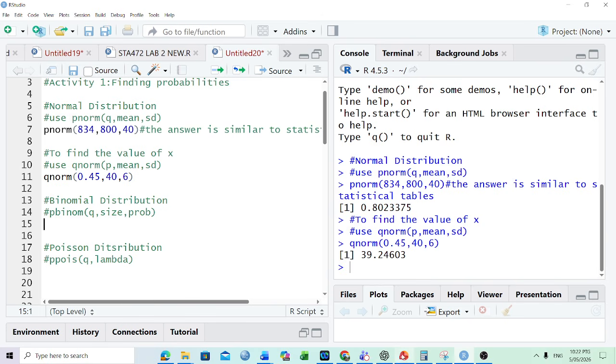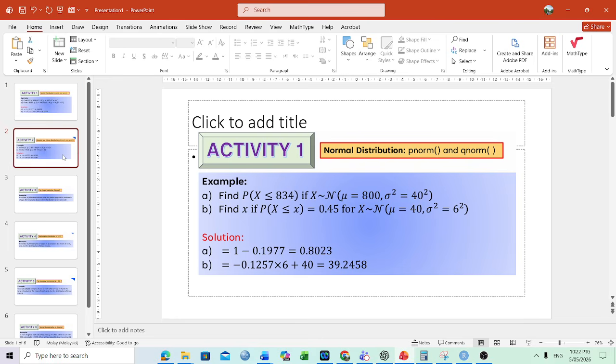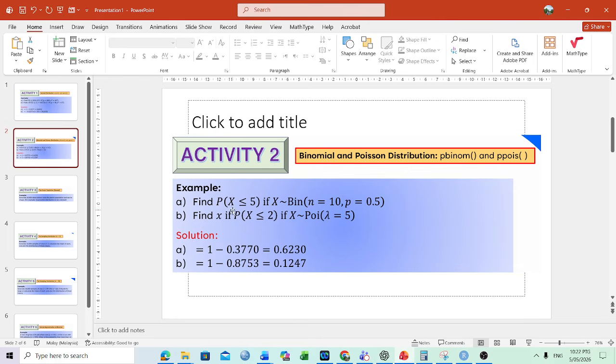For example, let's say that this one A, we want to find the probability of X less than or equal to 5, whereby our random variable X is coming from binomial with n, which is the size, equal to 10, and the probability of success is equal to 0.5.